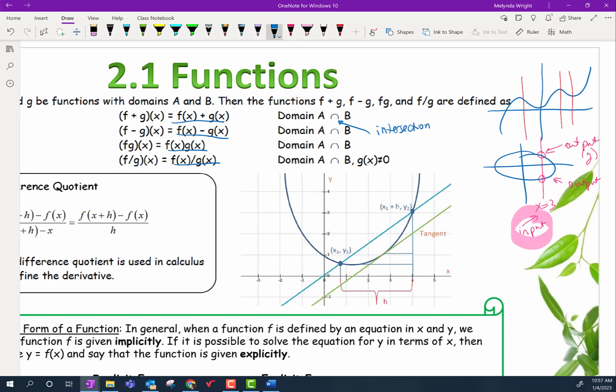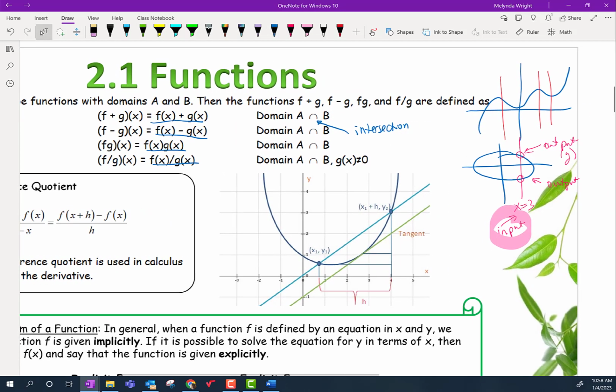Basically, to get the domain of the addition of two functions, we're going to intersect each of their domains. The intersection means we're going to take all of those that are common. Intersection versus union. Maybe that brings back some memories as well. All right, so that's just a short recap of functions.